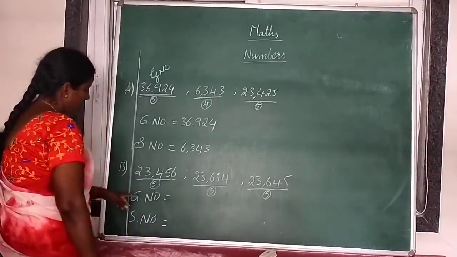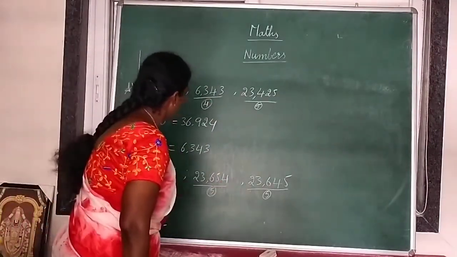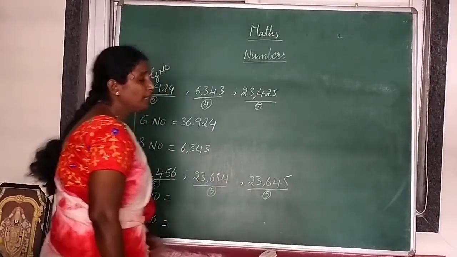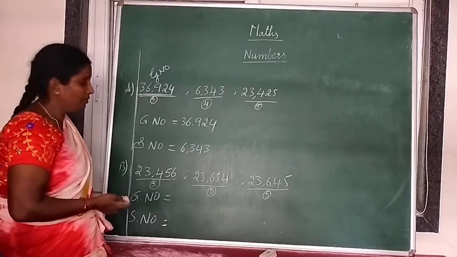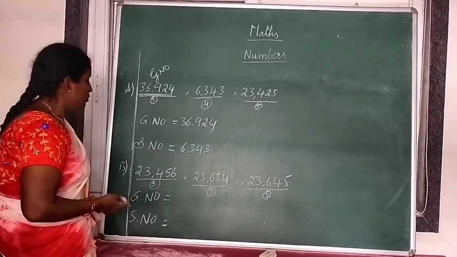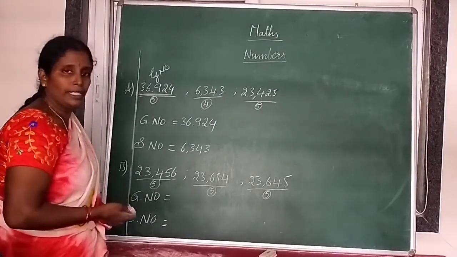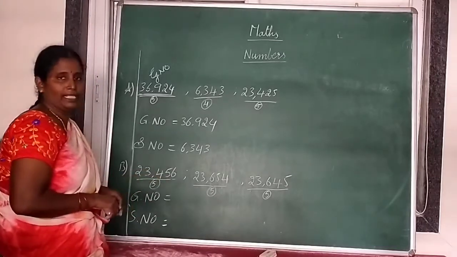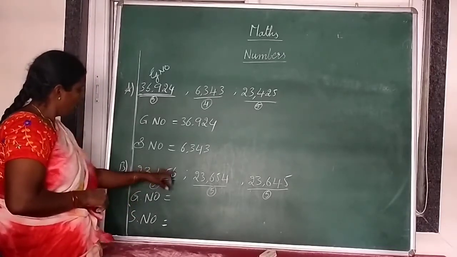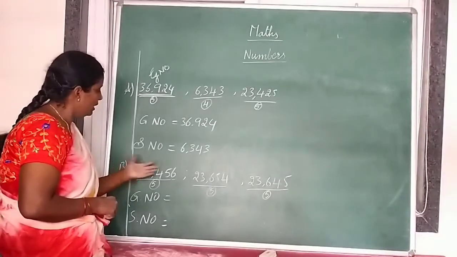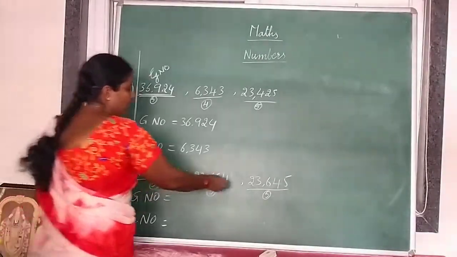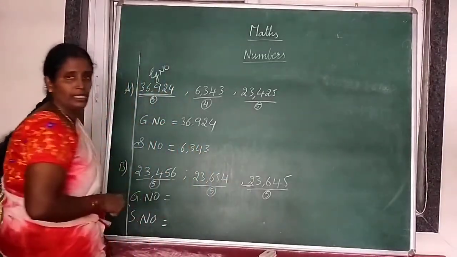Now, if all the numbers are 5 digit numbers, then how to find the greatest and smallest numbers? What should we do? We have to check the digits which are in the highest place value. See here, 2 10,000s are there, and here also 2 10,000s are there.